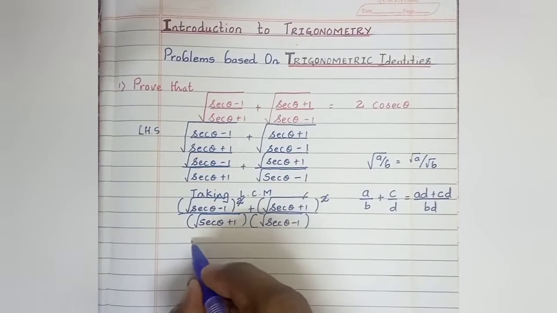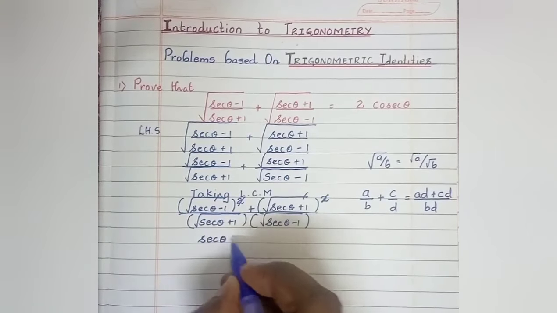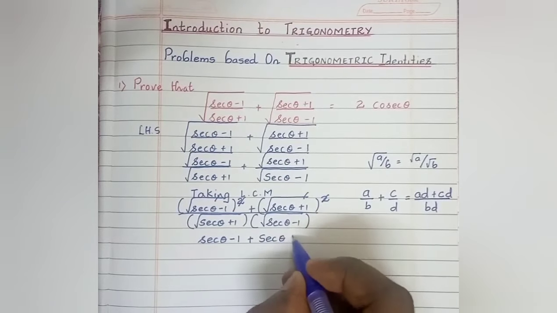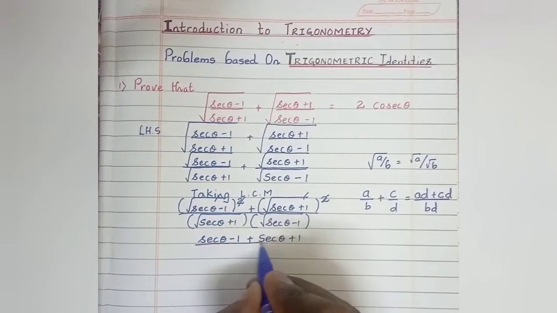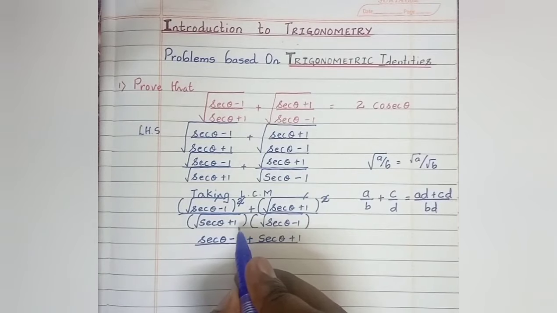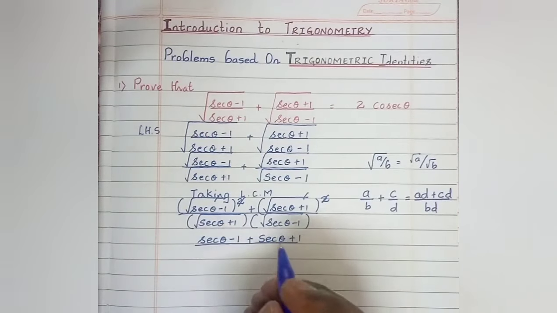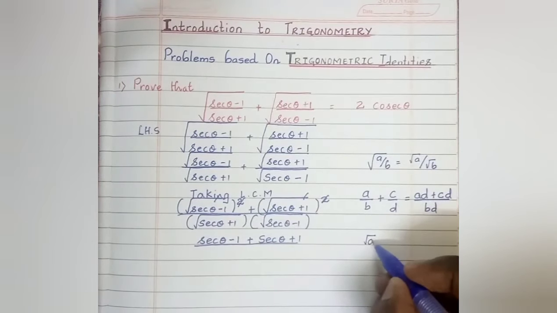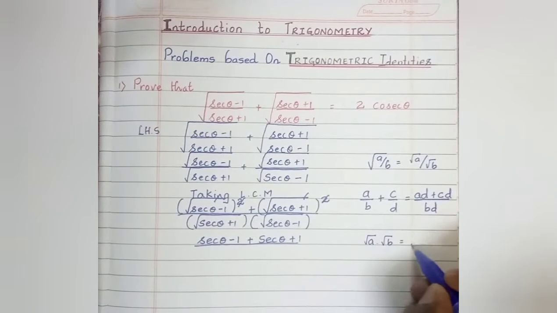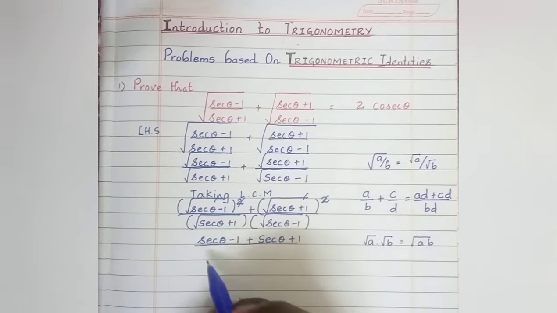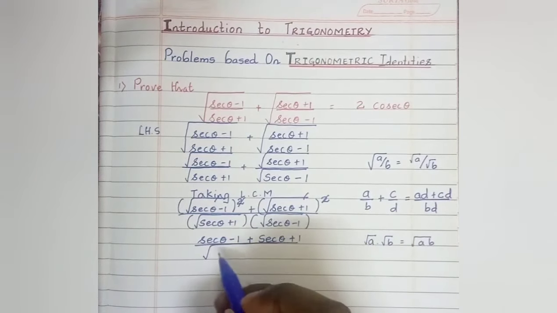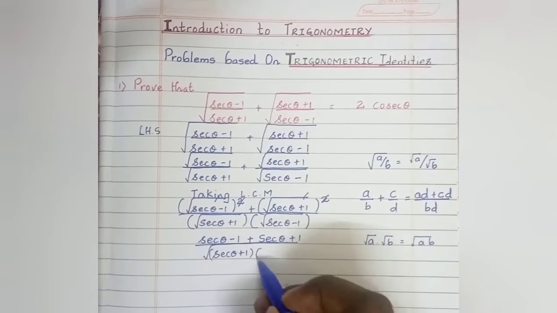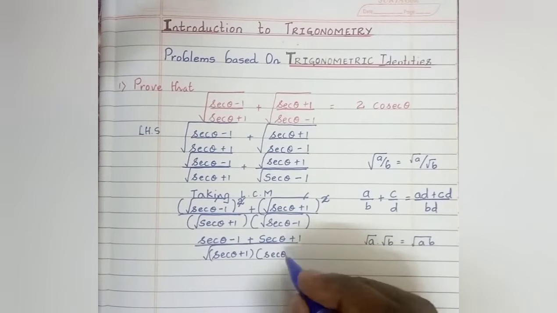Now I'll write the remaining terms: secant theta minus 1 plus secant theta plus 1, whole divided by, now this can be written as root a into root b, which can be written as root of a into b. So I'll write root of secant theta plus 1 into secant theta minus 1.